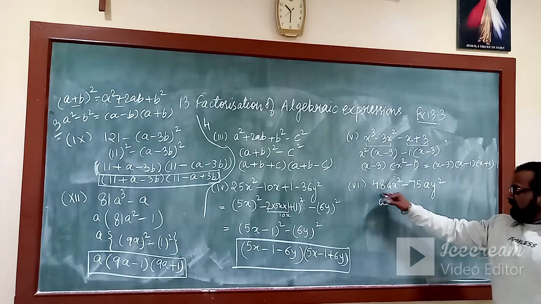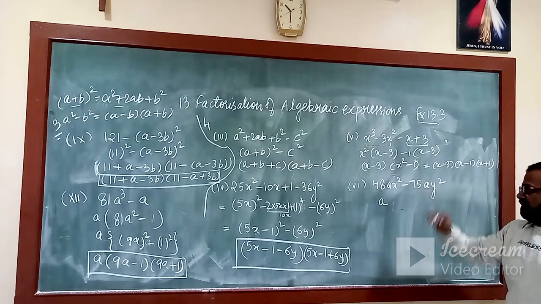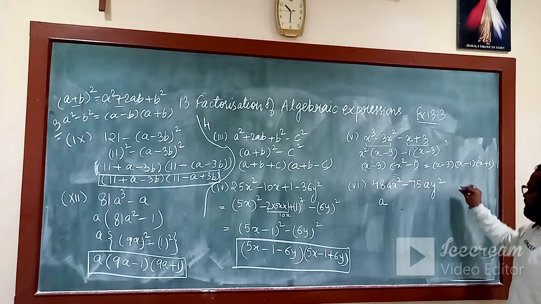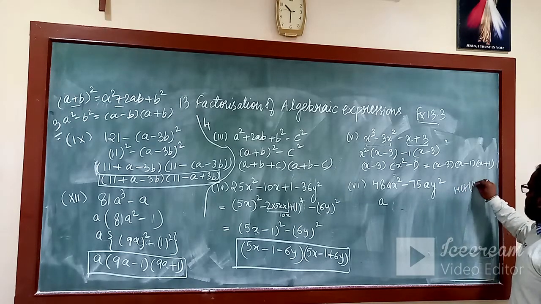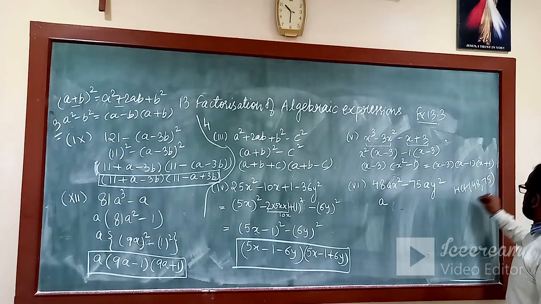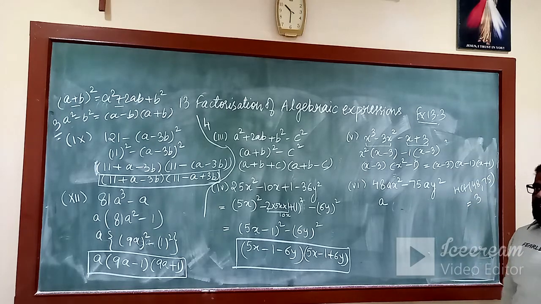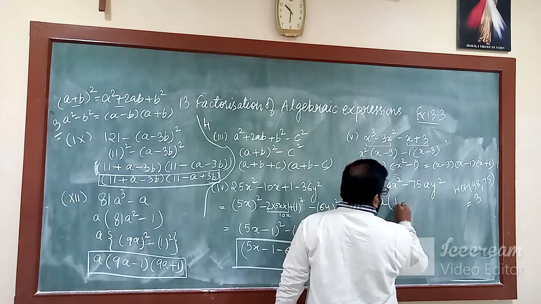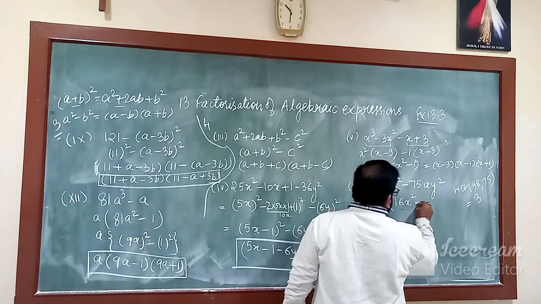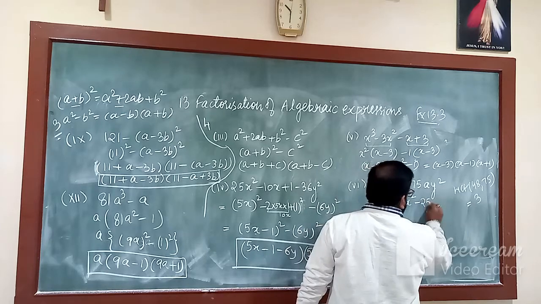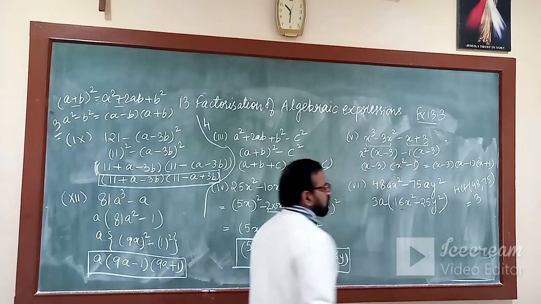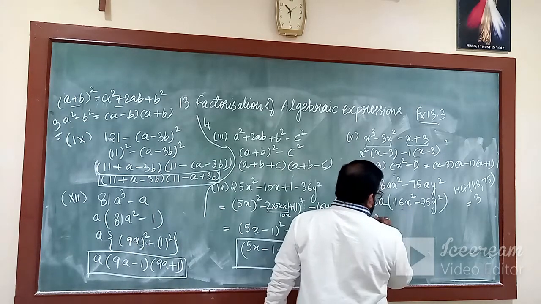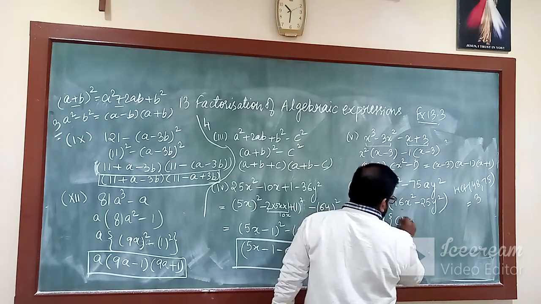If I see carefully, both are multiples of 3, or I can say that if I calculate the HCF of 48 and 75, it comes out to be 3. That means I will take 3 also common. So what am I left with inside? 16x square and 25y square. So now this we can easily solve. Many questions we have solved so far of this type.